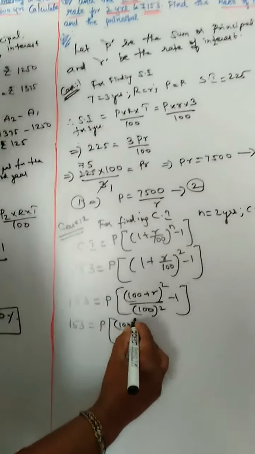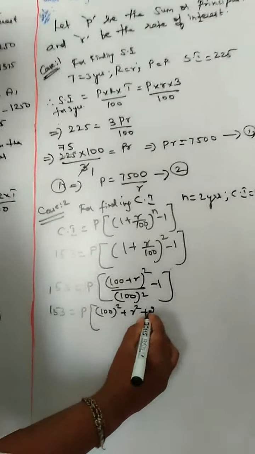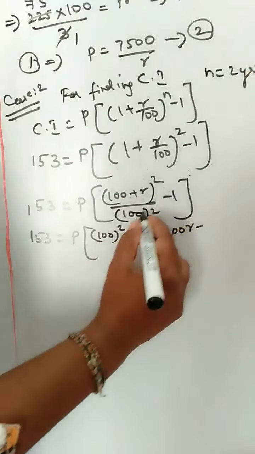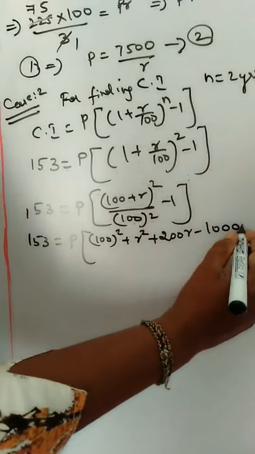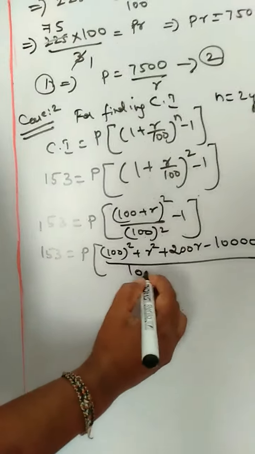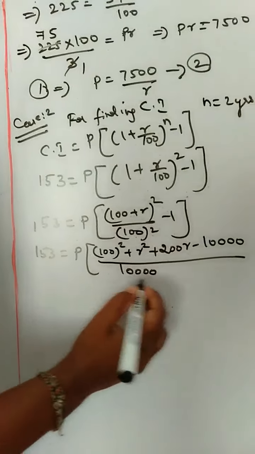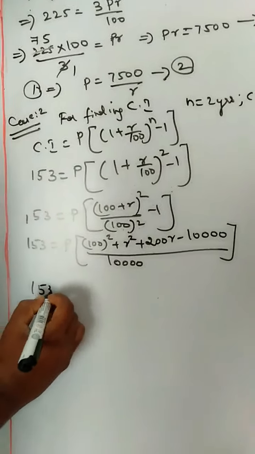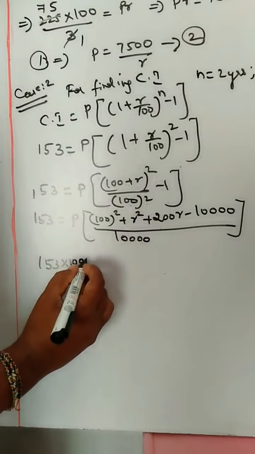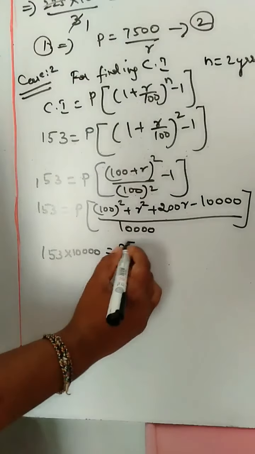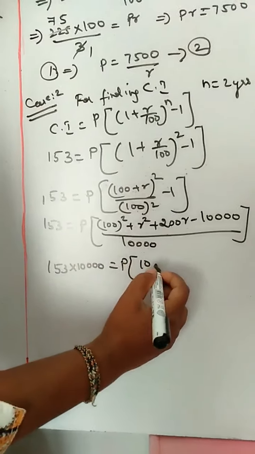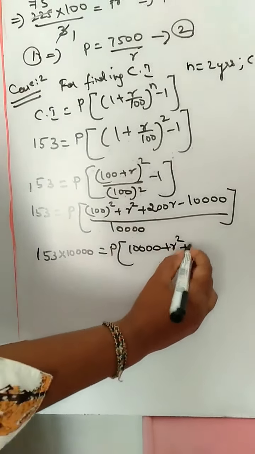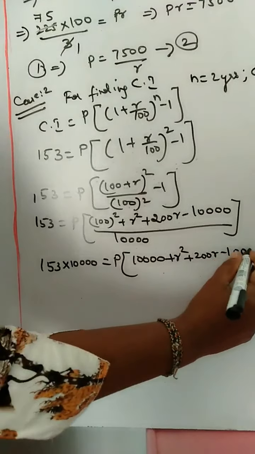So A square plus B square plus 2AB, minus, if we take this to this side by taking LCM, that is 10,000. Taking this 10,000 here, P bracket 10,000 plus R square plus 200R minus 10,000.